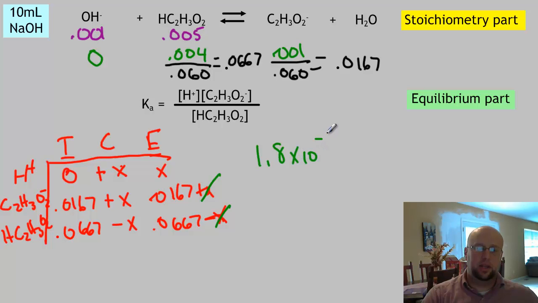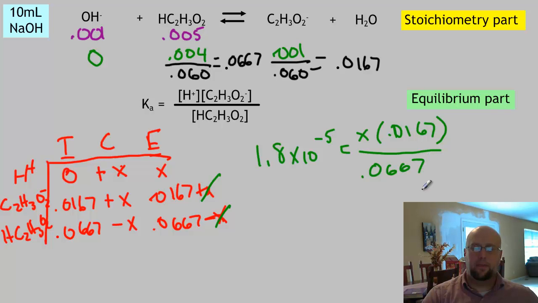So 1.8 times 10 to the negative fifth equals X times 0.0167 all over 0.0667. And then we're going to do our algebra there. Okay, and I'm going to leave you guys to do the algebra. I'm going to trust that you can handle that.